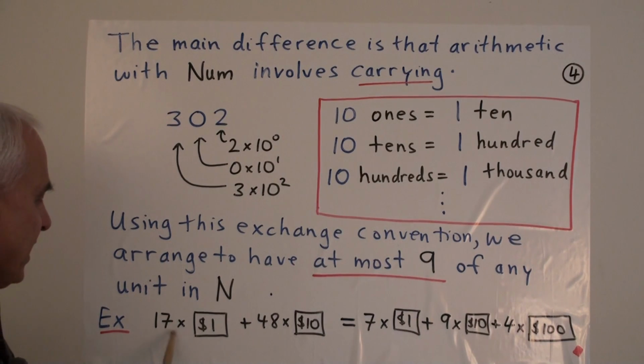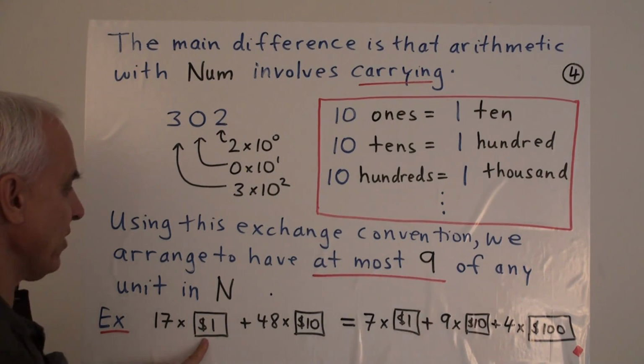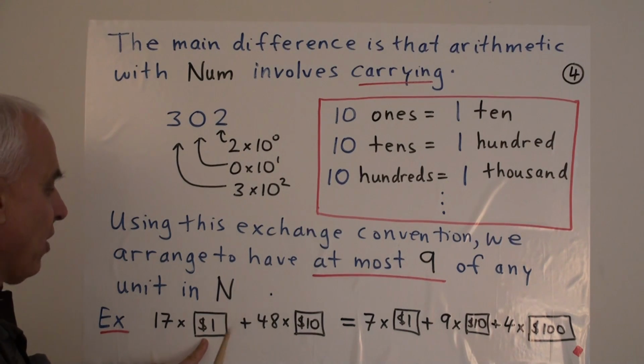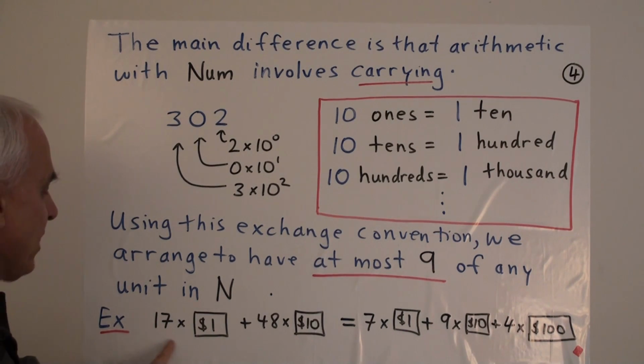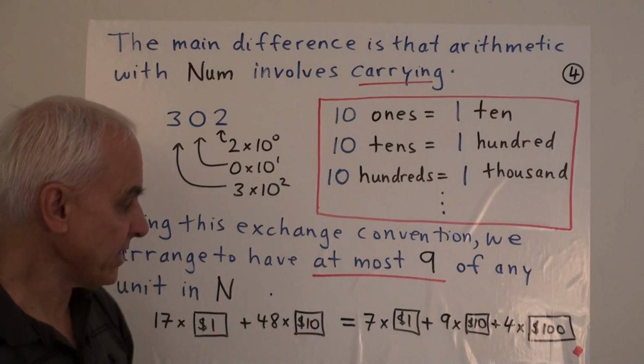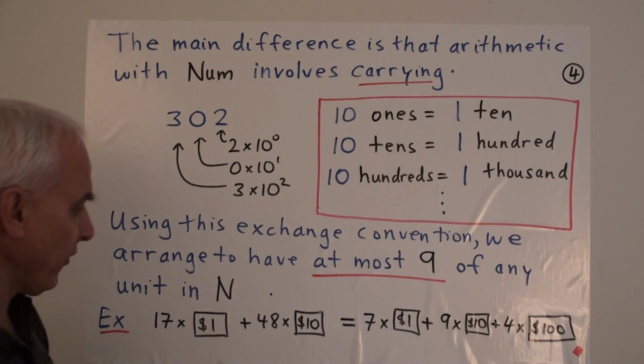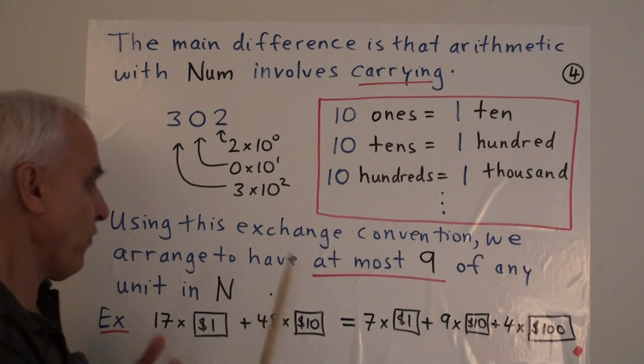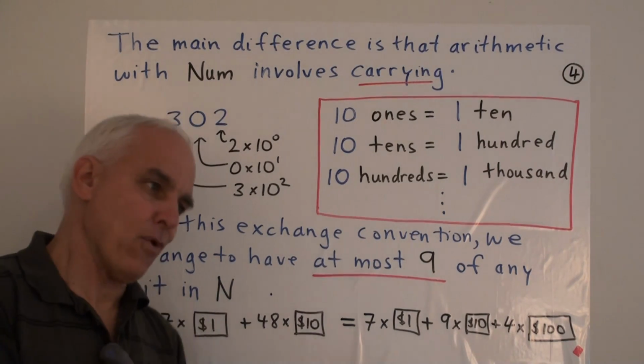So we can rewrite this as 7 times $1 plus 9 times $10. So we have 8 times $10 over here, and there's another 1 times $10 because there's 10 ones here that can be converted to a single 10. Altogether 9 tens. And hundreds, well, there's actually 40 tens that we haven't taken care of over here, and those 40 tens can be converted to 4 hundreds.